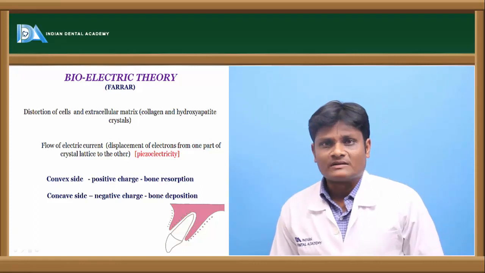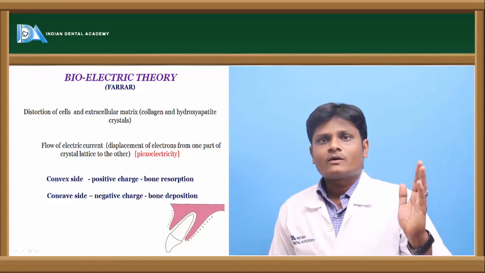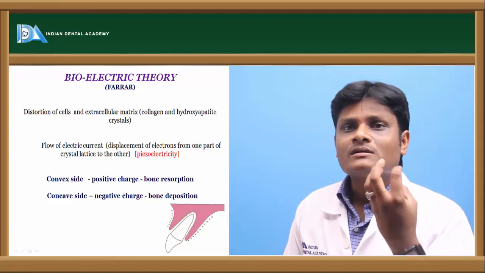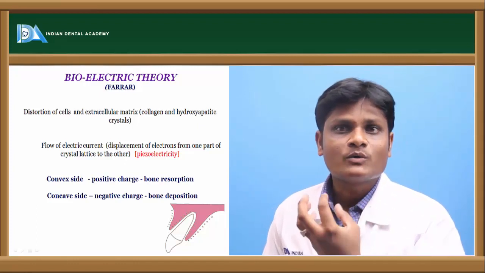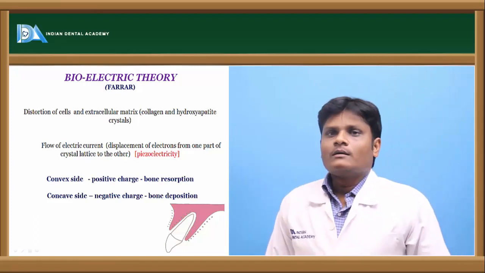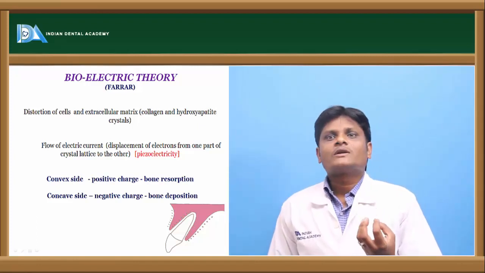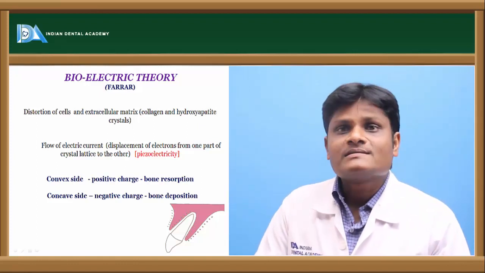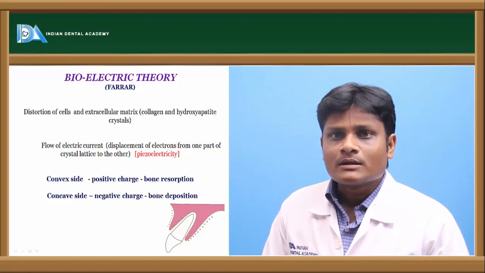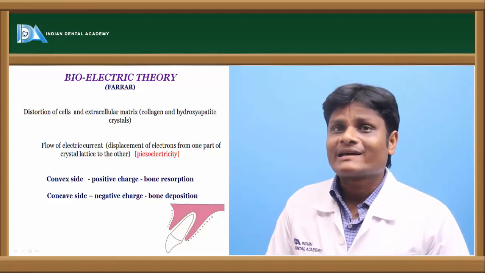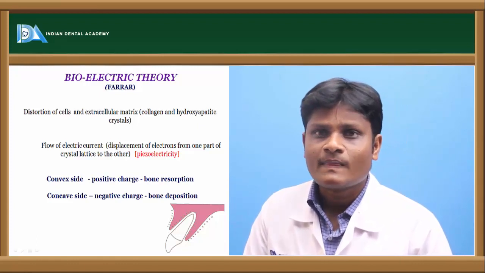What this theory says is, whenever an orthodontic force is applied, there is distortion of the crystal lattice present around the tooth, that is in the periodontium. The structures that are distorted include the alveolar bone, the cells in the periodontal ligament, the hydroxyapatite crystals, the mucopolysaccharides, and the collagen fibers.